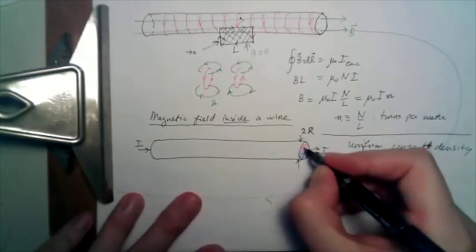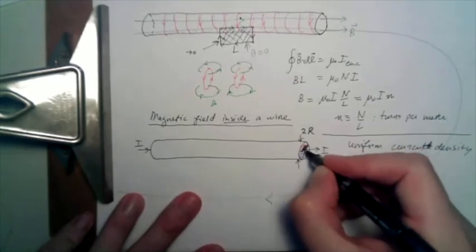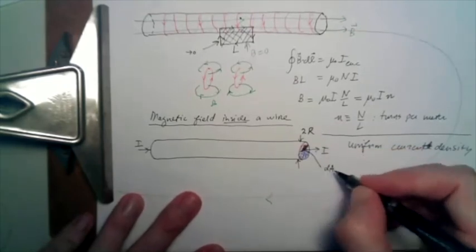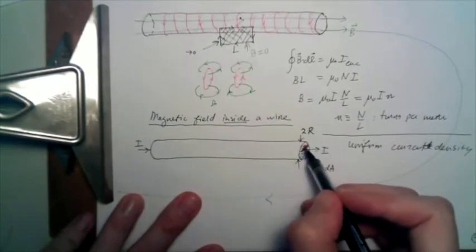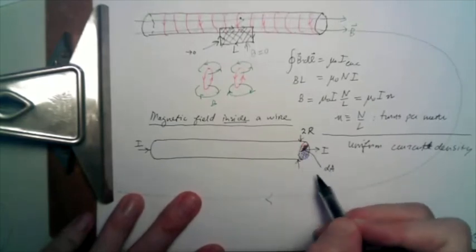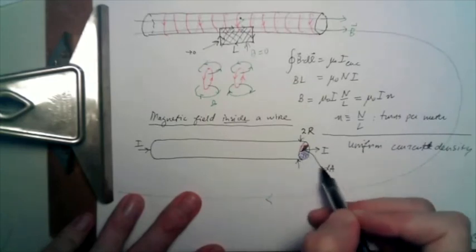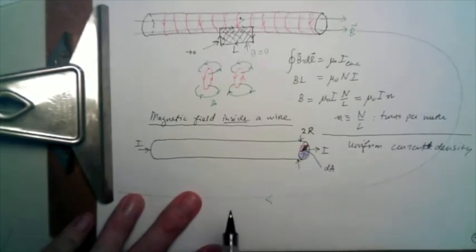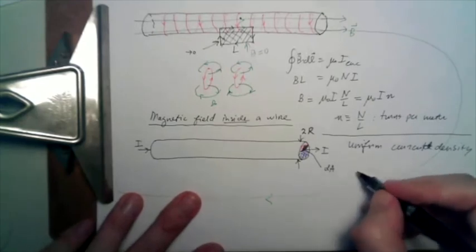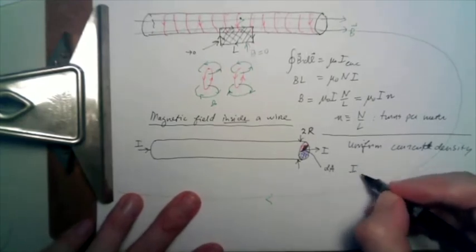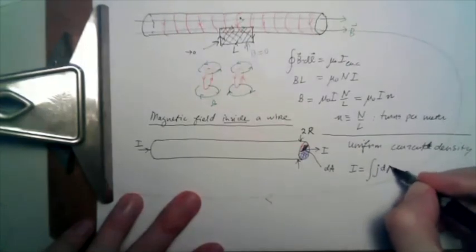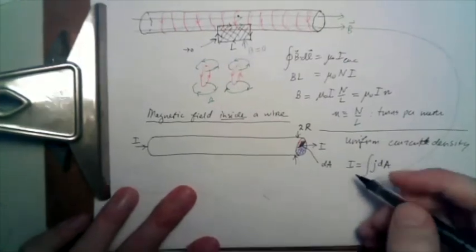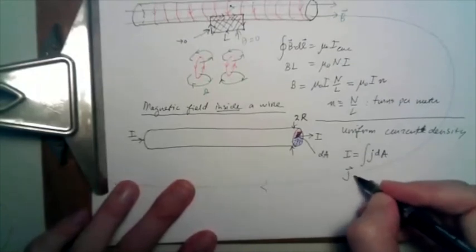Or if I take an arbitrary slice dA, no matter where I put it, the current that flows through that area is always that fractional part that goes through that area. So the total current is going to be the surface integral of J times dA, where J is the current density.